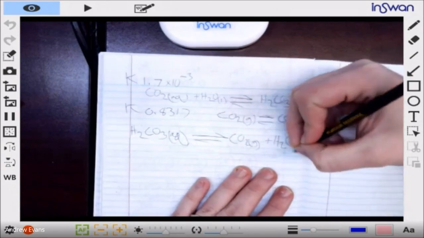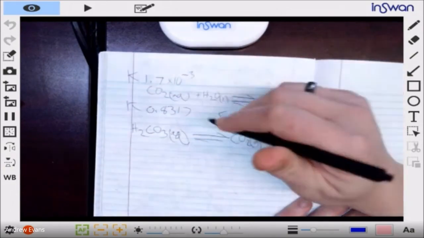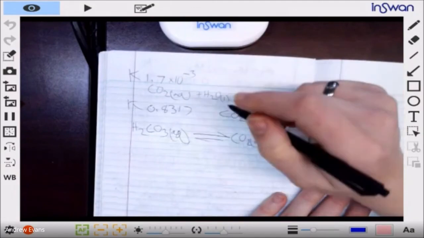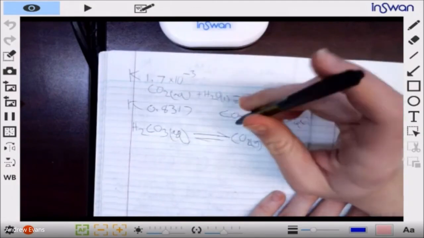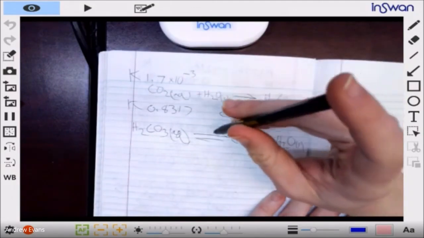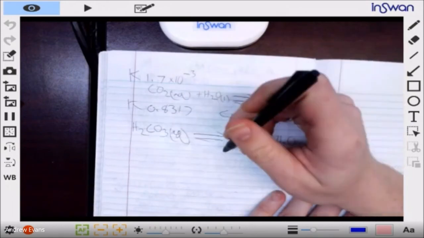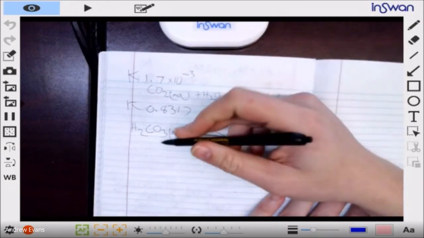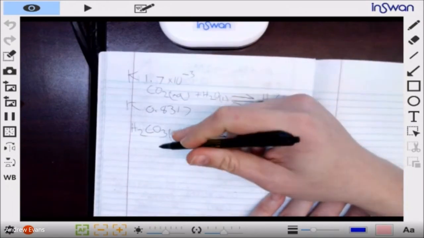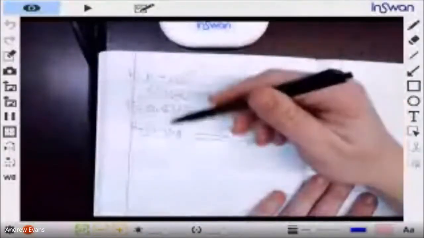This is one you typically see when, over time, your carbonated soda will go flat because this reaction occurs. Carbonic acid will decompose into CO2 gas as it bubbles out of solution. What is the K for this situation?